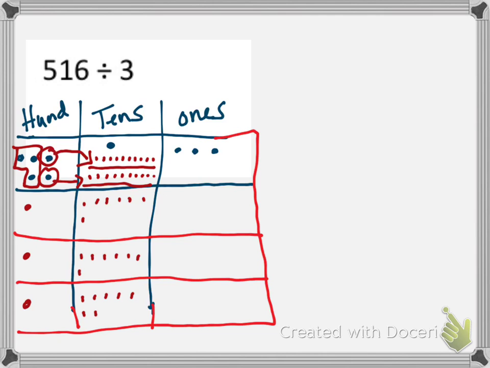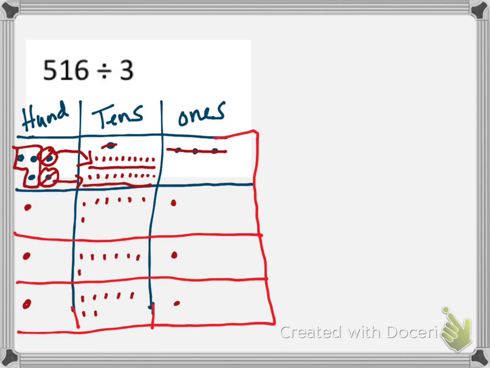So we were able to cancel out our 500s and cash them into tens, and we were able to take 21 tens and split them up into 3 equal groups. Now that we have 7 tens, we have 7 in each one of those 3 groups. Now we need to take our 3 ones and place them into each group. 1, 2, 3. We were able to use up all of these dots equally.